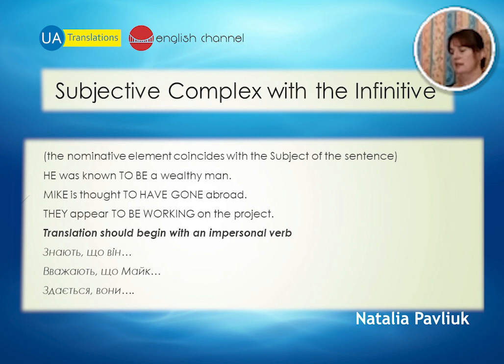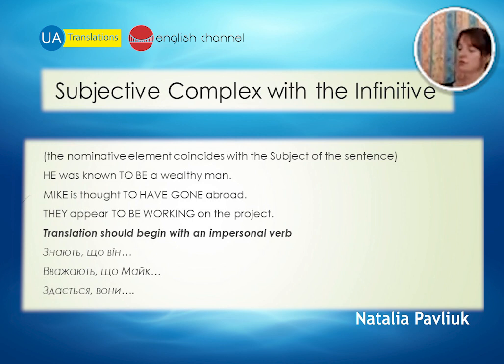So you can see that the main verb can be in passive or in active form, but it depends on the verb. In active form with this complex, we find verbs like appear, likely, to be, and so on. They are link verbs, if you remember this terminology.